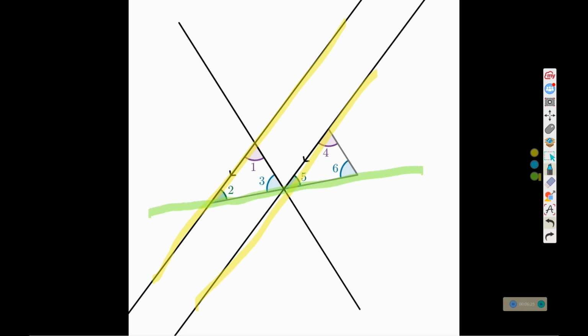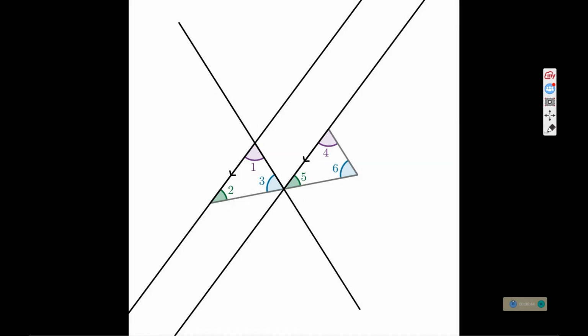And you can see now that 2 is to the right of the transversal and below the parallel line, and 5 is to the right of the transversal and above, underneath that parallel line. So we can say 2 and 5 are corresponding angles.